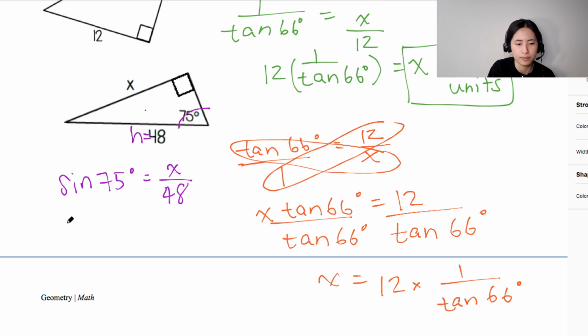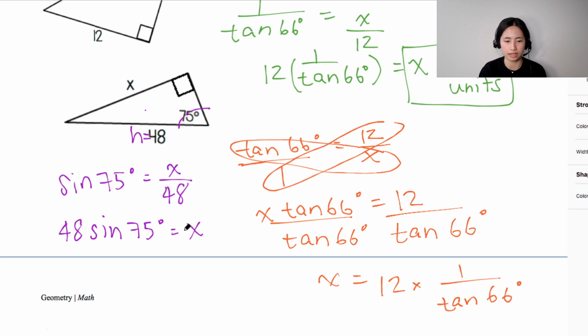So 48 times sine 75 degrees, that's equal to x, right? So we know that 48 times sine 75, that's equal to, okay, you're probably going to get a radical if you have a calculator that allows you to.